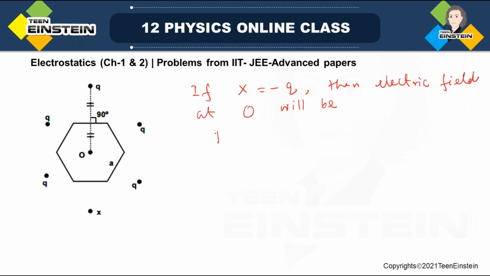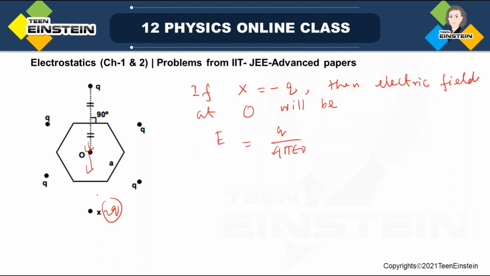In SI units, the electric field is equal to Q by 4 pi epsilon naught. Here Q is 2Q. As I said, both are Q and Q, and both are in the same direction. So instead of writing Q by 4 pi epsilon naught plus Q by 4 pi epsilon naught, I can take 2Q here itself. I hope you understood this, or else I'll write it this way.